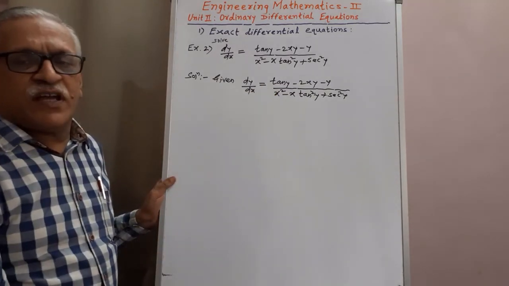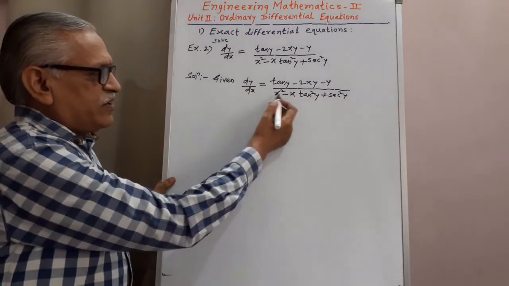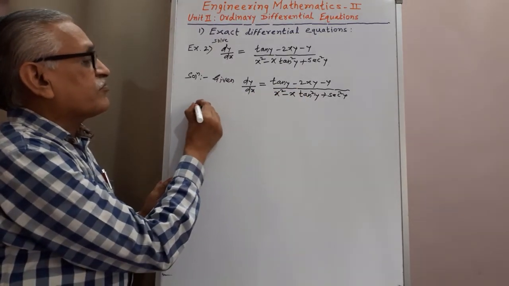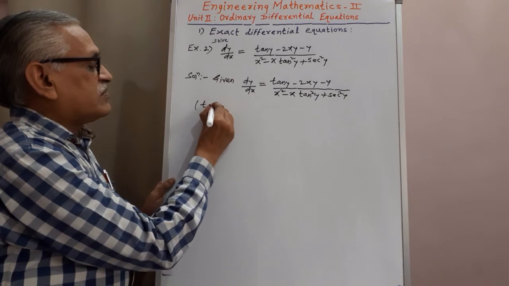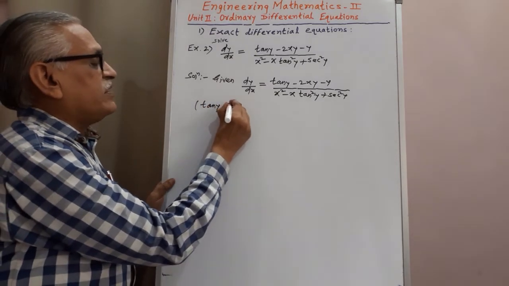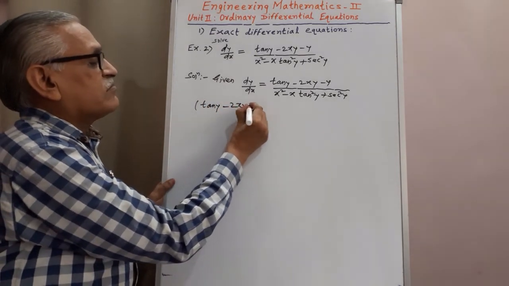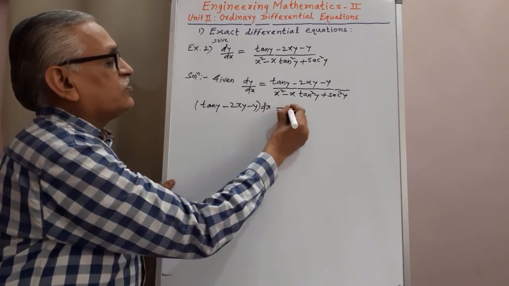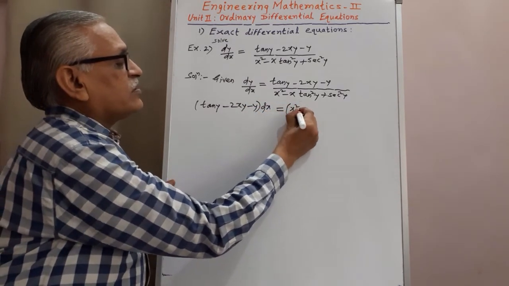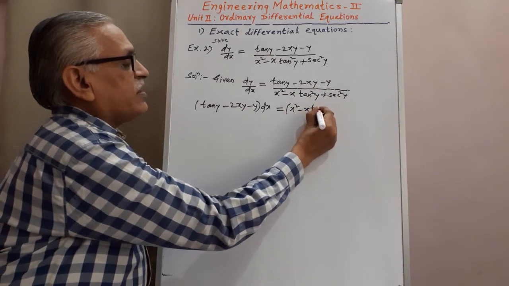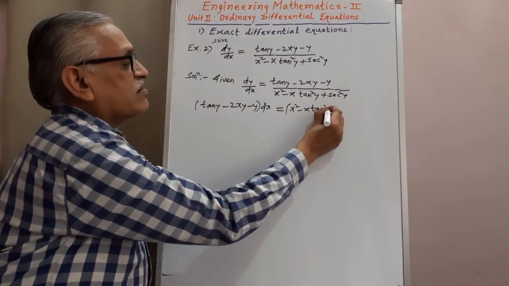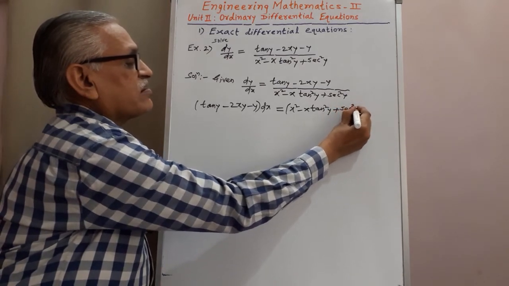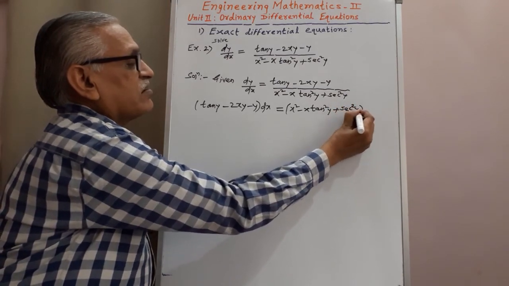Rewriting in the form of M dx plus N dy, for that we have to cross multiply this. We get (tan y minus 2xy minus y) dx is equal to (x square minus x tan square y plus secant square y) dy.